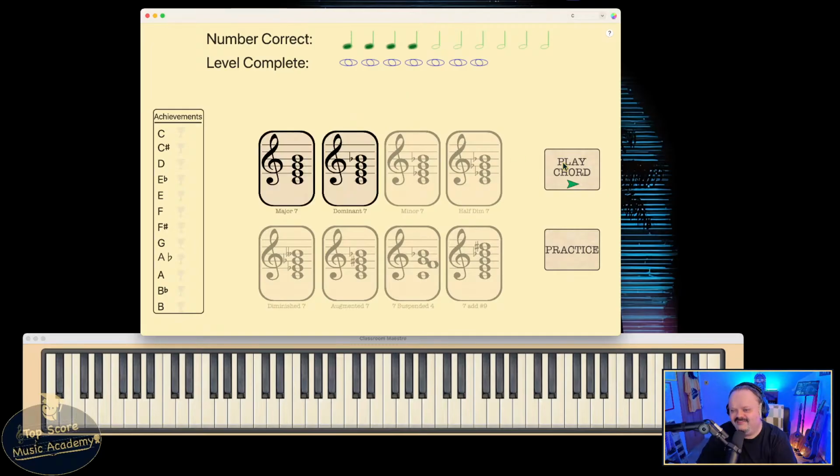Major, dominant seventh, major seventh, dominant seventh, major seventh, dominant seventh. Let's get to the end. Major seventh. Okay, introduce the third one, it might get a bit more interesting. Still dominant seventh. Still major seventh. Oh, minor seventh.